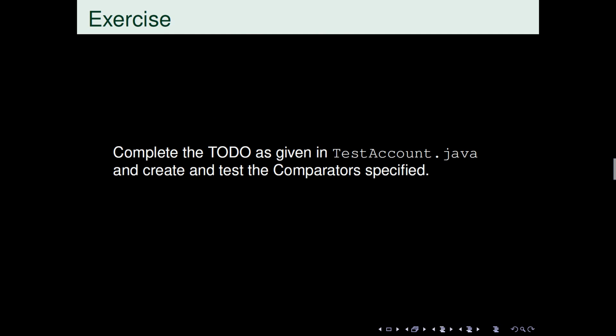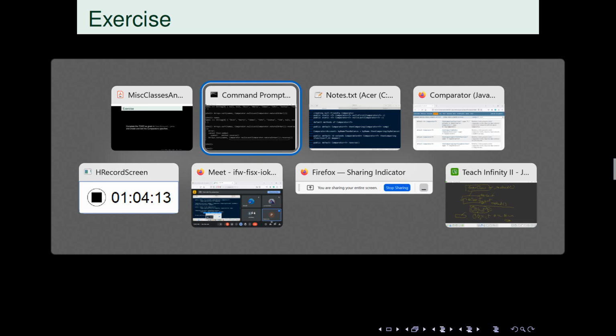In TestAccount.java, there are to-dos there also. I think it's about creating comparators that you should be doing. I think now you should be able to easily do it. If you look at those to-dos in TestAccount.java, it's all about sorting. Want to see what those to-dos are?